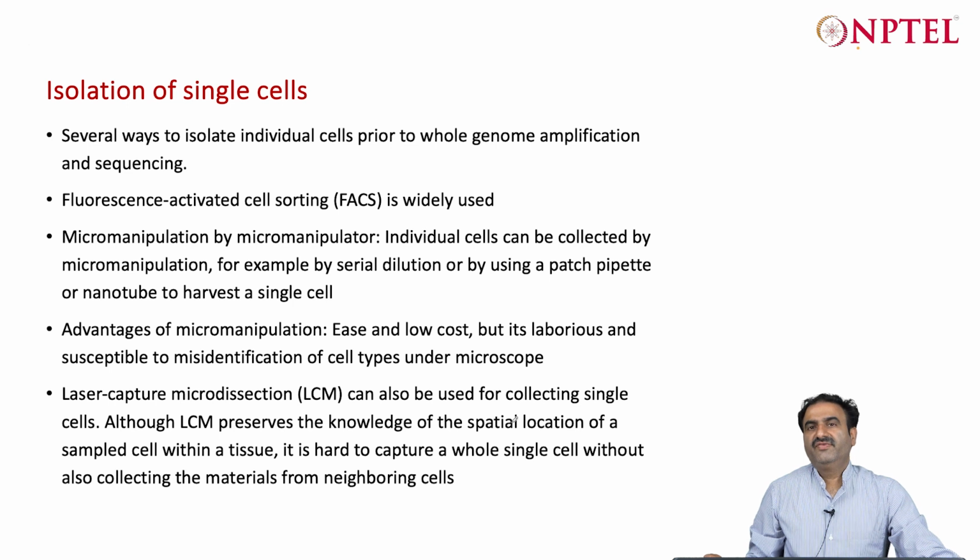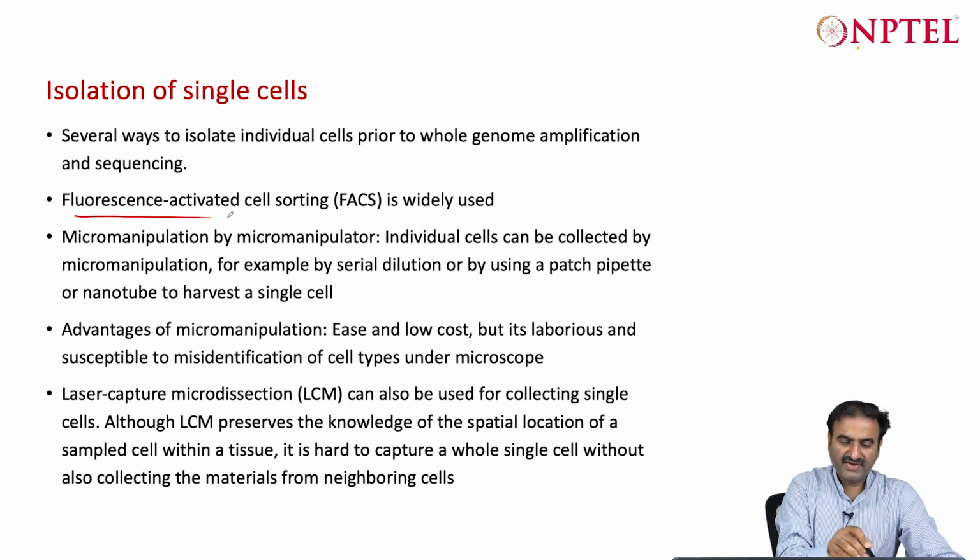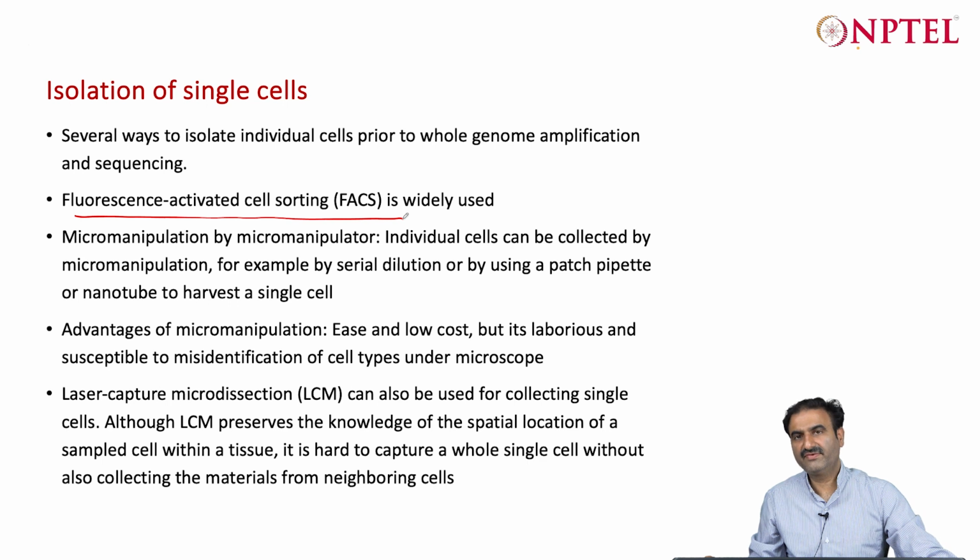Okay, so the first thing that you will be doing is to isolate the cell before going for this. So there could be many ways, like fluorescence activated cell sorting. FACS is a common and traditional method of sorting the cells.